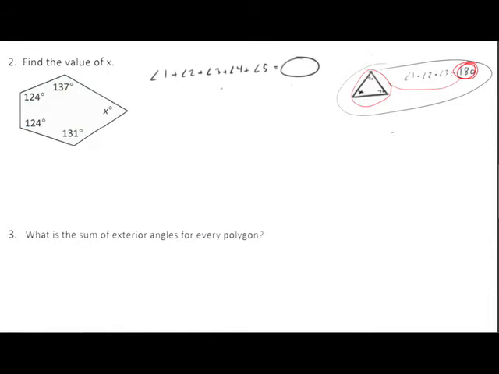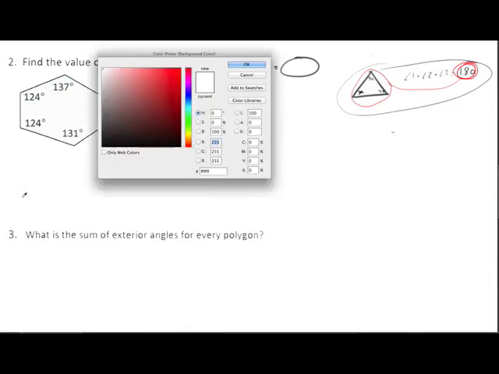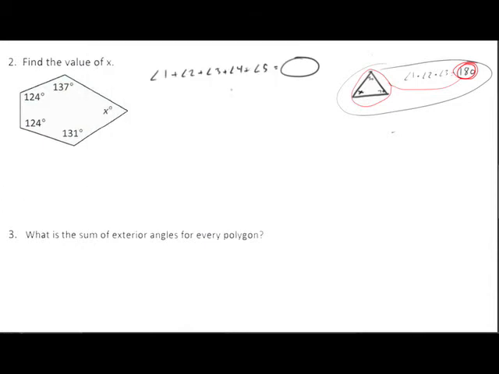So now you can see how it's related to the triangle angle sum theorem. To find this angle, we got to do a little bit of side work. So let me go back to a red color.